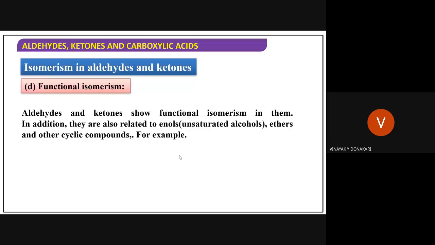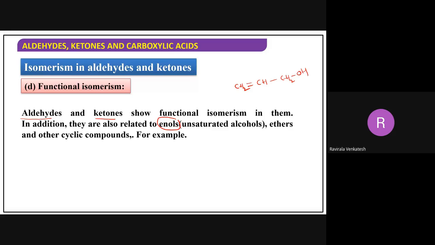Functional isomers: both aldehydes and ketones will definitely have functional isomers. In addition to this, you may get enols or cyclic ethers also. Enols means CH2 double bond CHOH, like this.